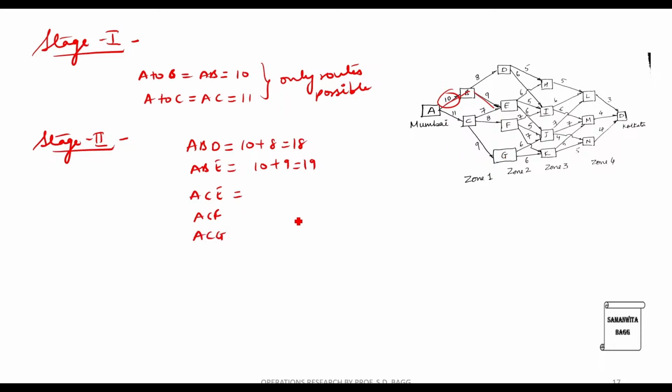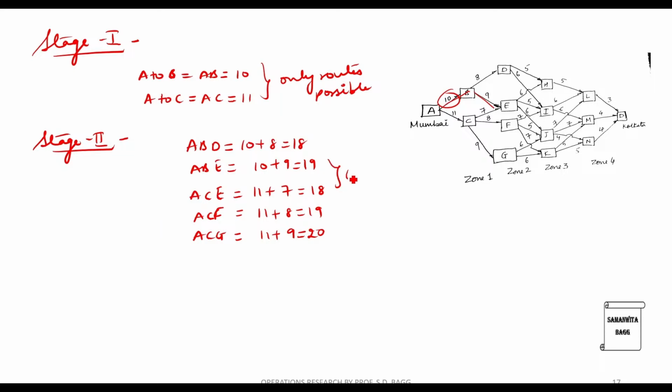So ACE: A to C is 11, C to E is 7. This is 18. A to C is 11, C to F is 8, so this is 19. A to C is 11 and C to G is 9, so this becomes 20.